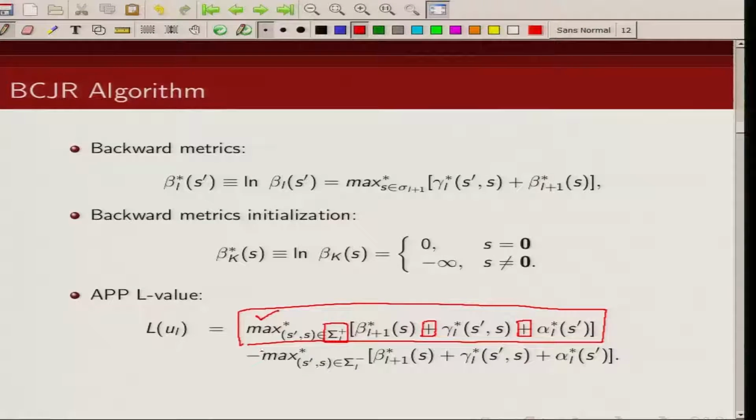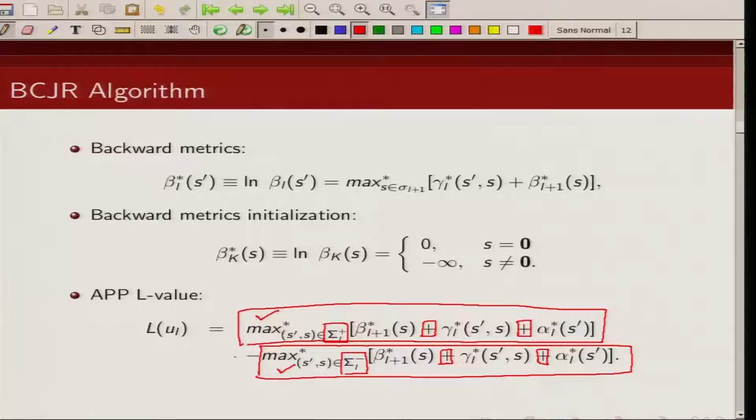Similarly, in the denominator we had this. We take log of them, so it becomes minus of this, and the denominator corresponds to all those transitions which belong to information bit being minus 1. And again, the addition term that we had in the probability domain description of BCJR is now the max star operator, and the product terms that we had in the BCJR algorithm are now addition terms.